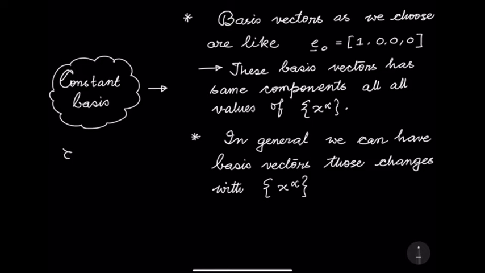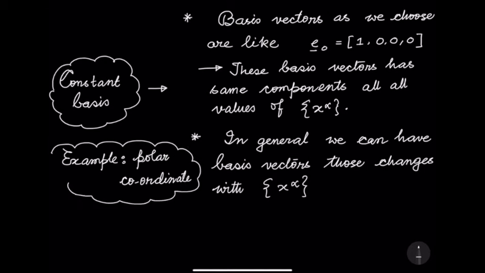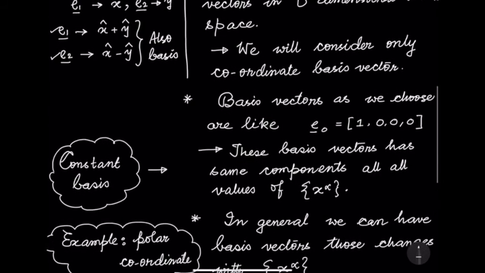A simple example is the polar coordinates, where you know that the basis vector direction and the value both change. We will see this in action in the next class as an example of what we will develop today. Okay, so this is all about vectors and basis vectors.